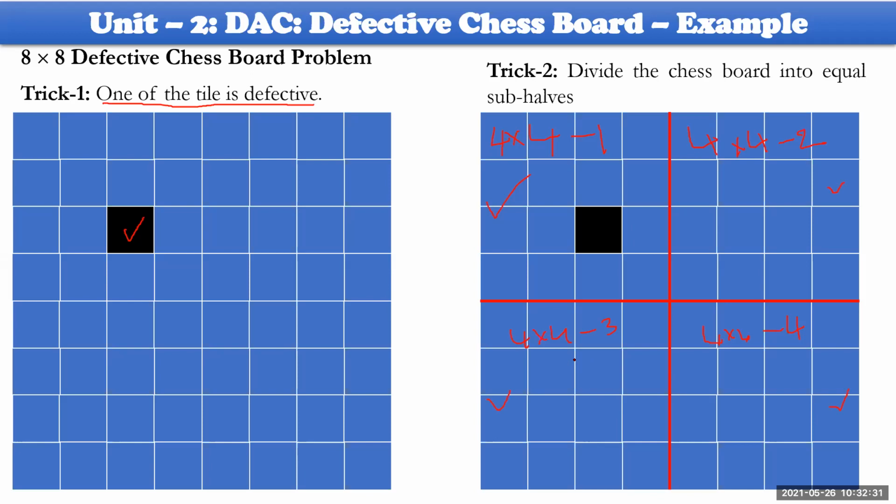No. Every chessboard, whether it is 4 by 4, 2 by 2, or whatever the size might be, must always have one defective tile. So I would like to artificially introduce defective tiles in each and every one, I mean the second one, the third one and the fourth one.